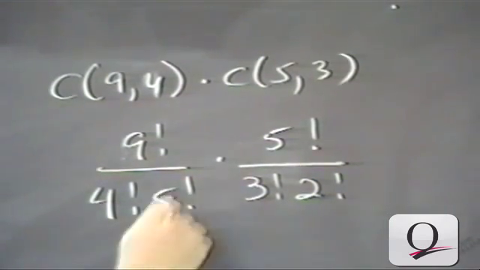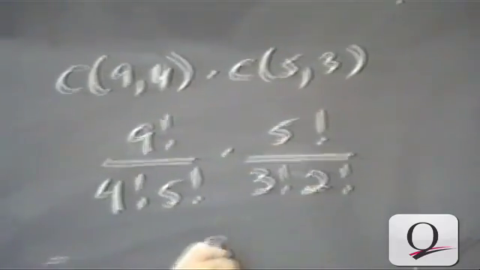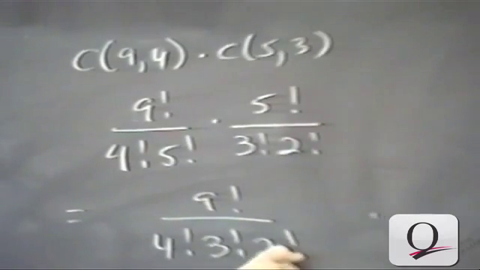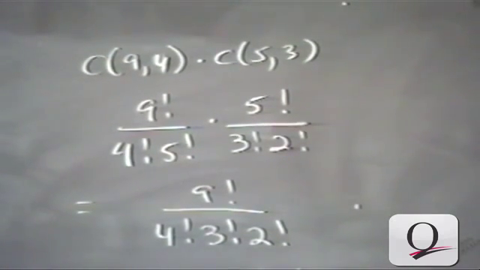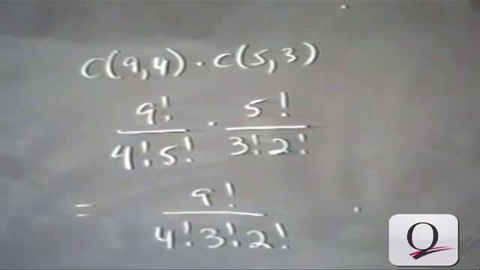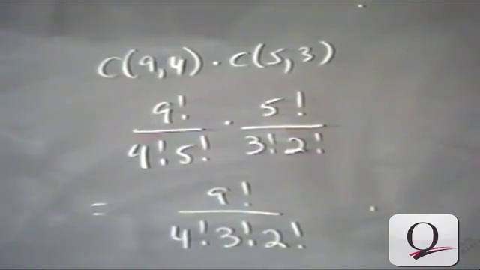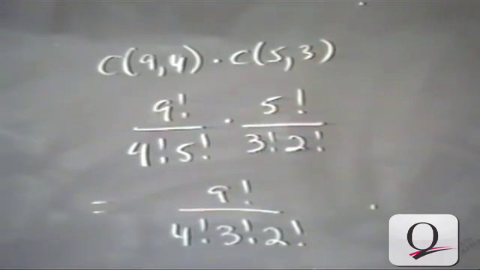The 5 factorials cancel out, and I get 9 factorial over 4 factorial, 3 factorial, 2 factorial. And if you remember the formula, that's what P9; 4, 3, 2 would be. 9 factorial, 4 factorial, 3 factorial, 2 factorial.